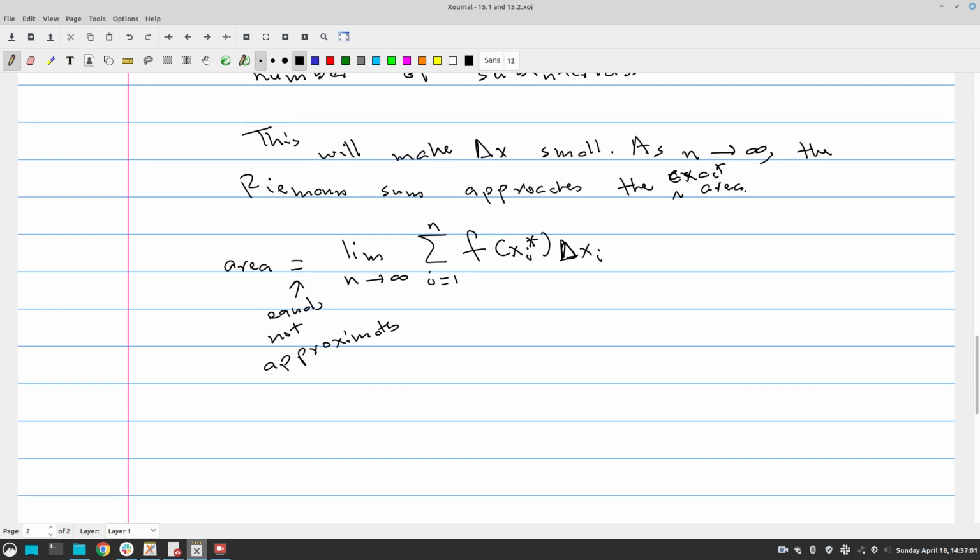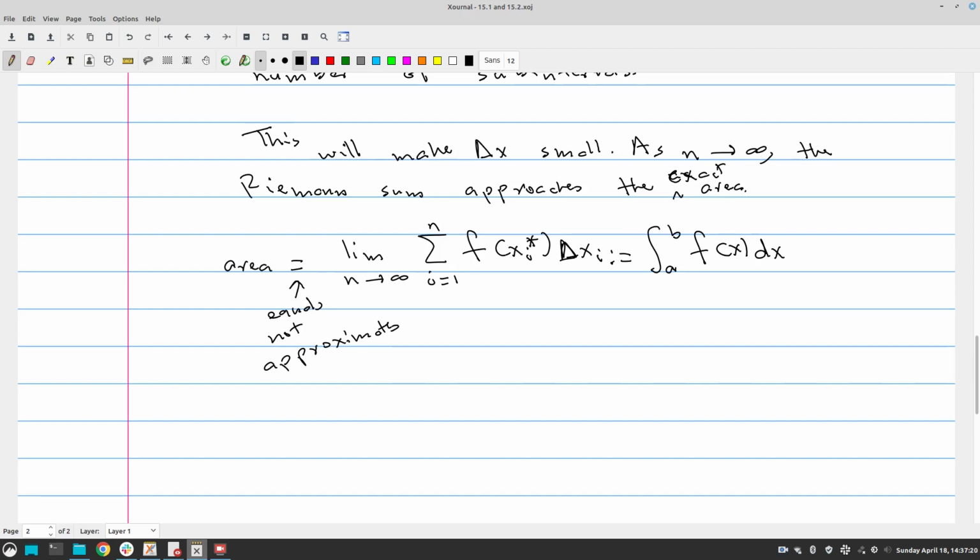This is the basic idea of integration. So this is actually equal to, again by definition, the definite integral from a to b of f of x dx.